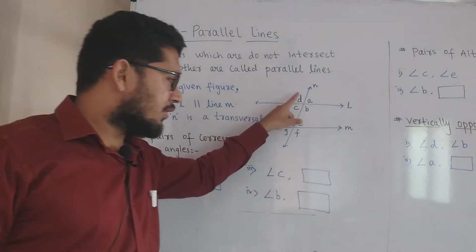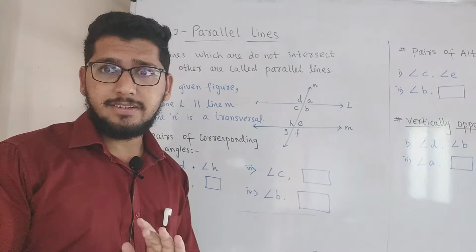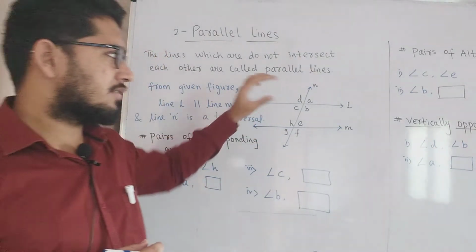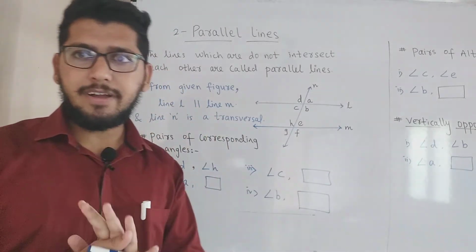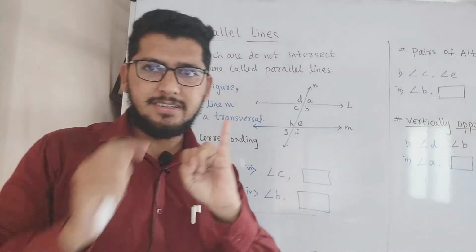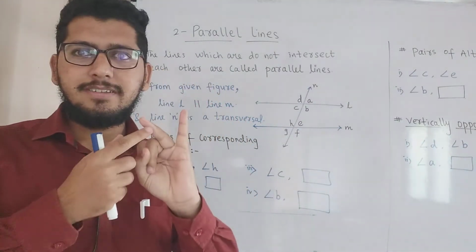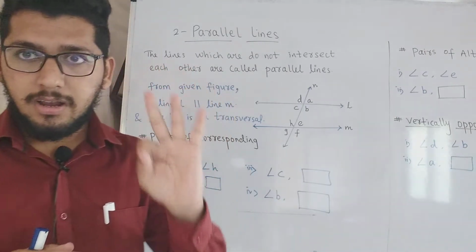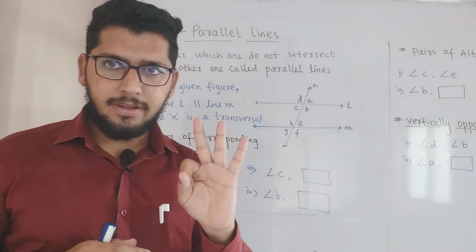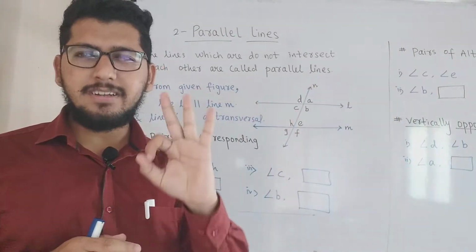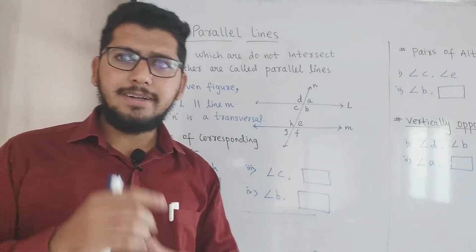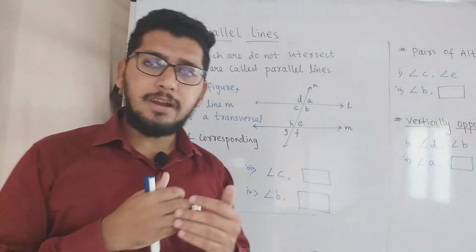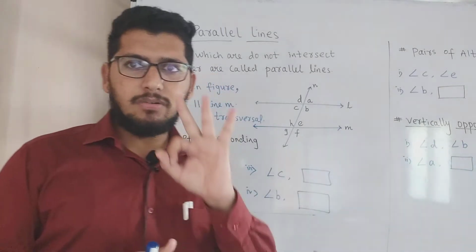We have to see the relation of all these angles. Using the transversal, there are three important types of angles forming: corresponding angles, alternate angles, and vertically opposite angles, and many more. Interior angles and exterior alternate angles also form. There are many, but we will see only three.